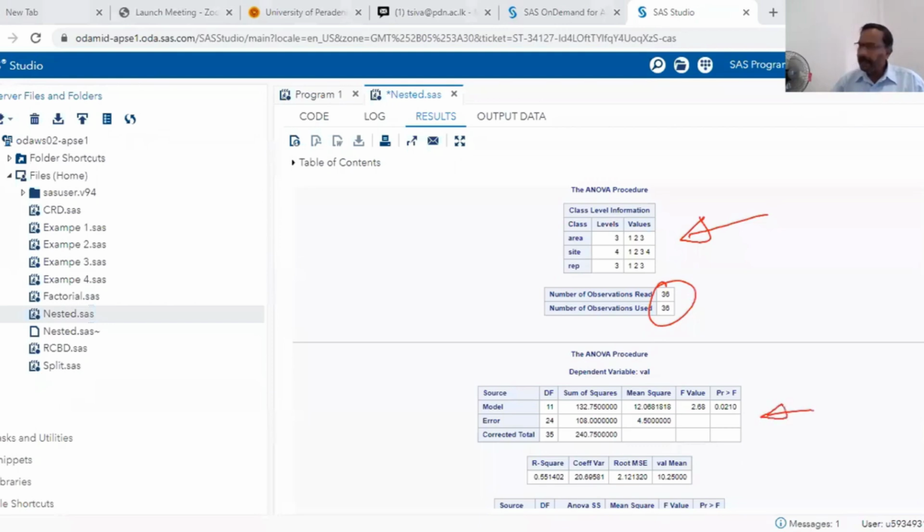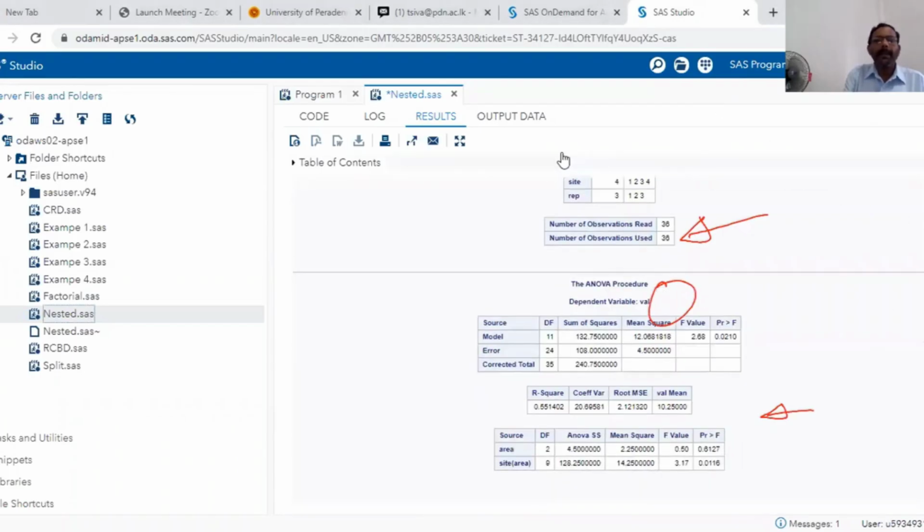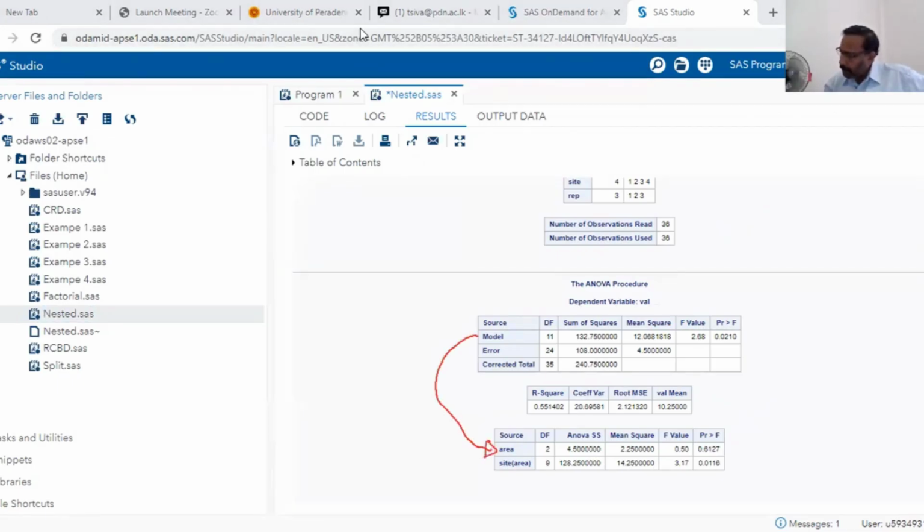This is the ANOVA table. If you look at the model, if you can remember the model, the model is expanded into these two components. What are they? Area, and site within the area.